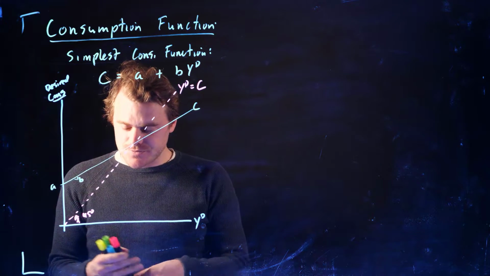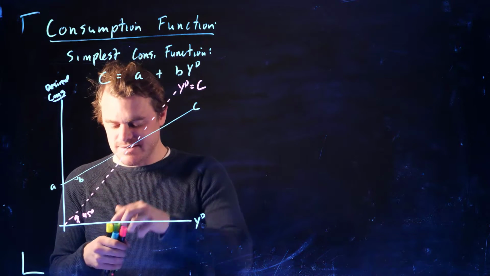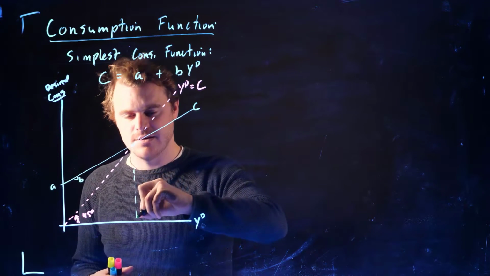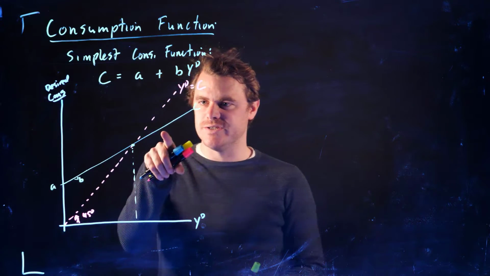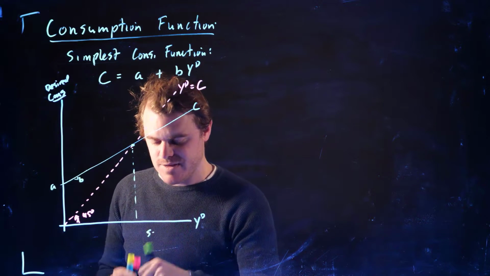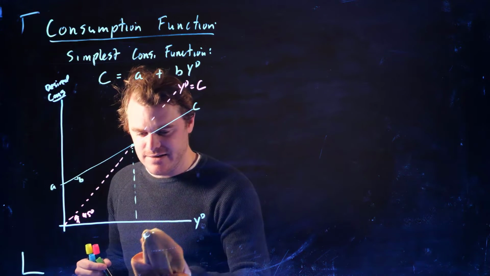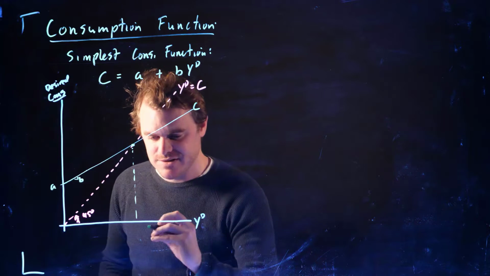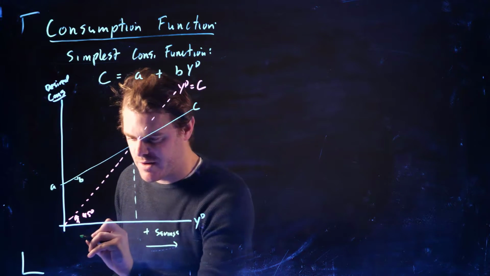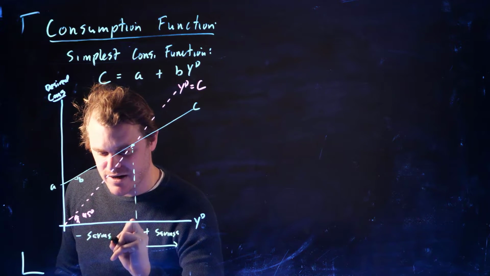And so we're going to have negative savings until these points cross. At any point to the right, we're consuming less than our disposable income. So there's positive savings over here and negative to the left. We're borrowing money over here.